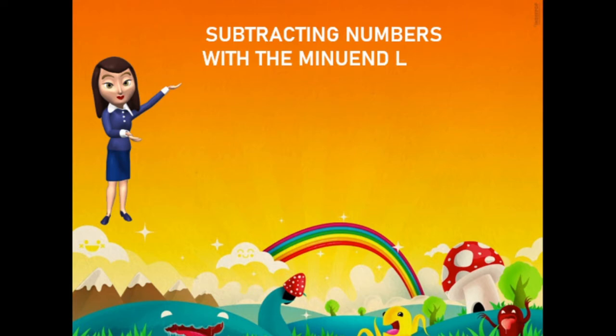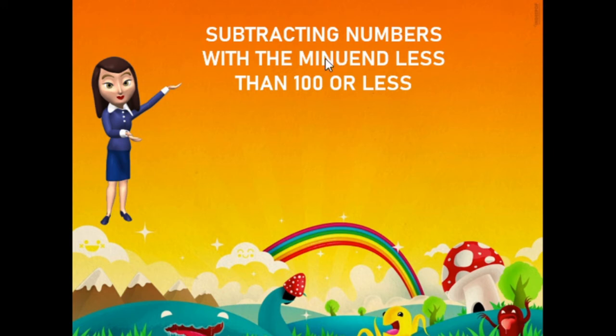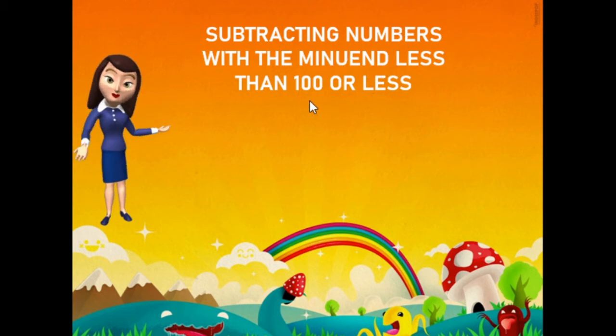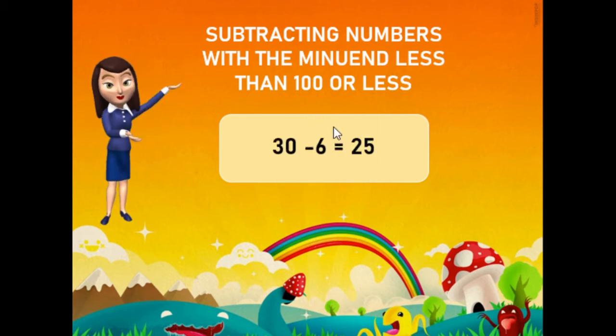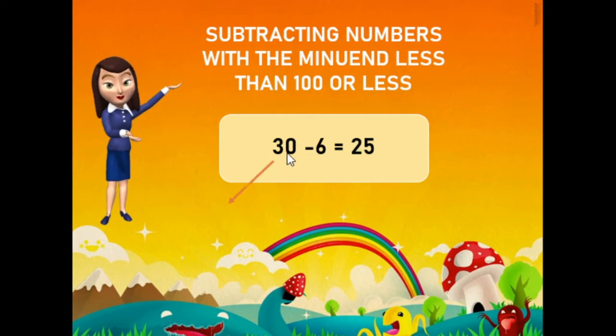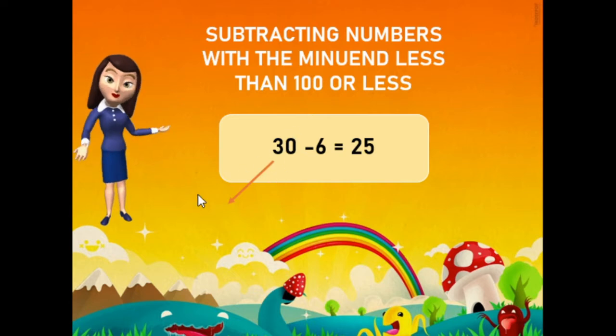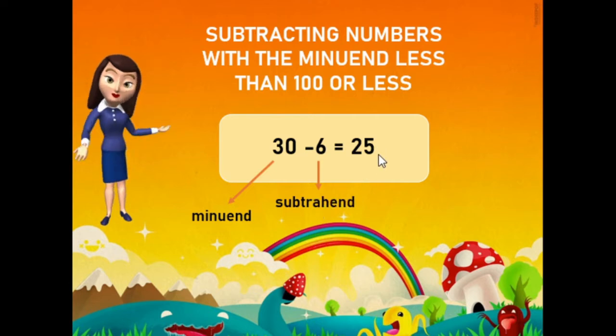Now, let's focus more on subtracting numbers with a minuend of 100 or less. We had begun tackling this last video. We said that 30 here is our minuend, 6 is our subtrahend, and 25 is our difference.